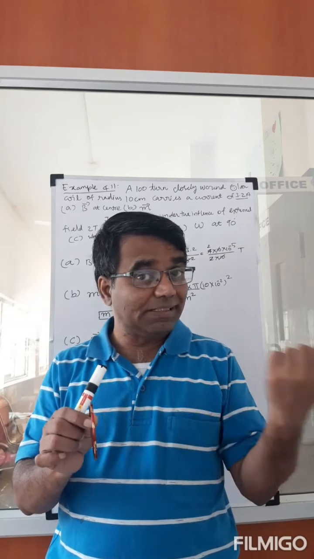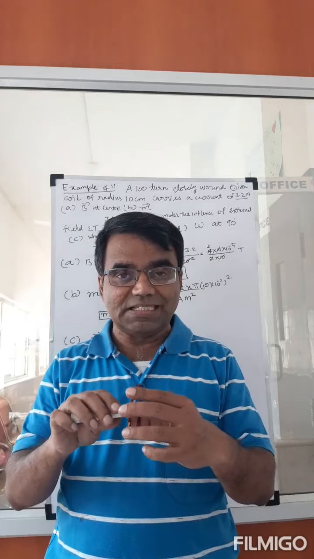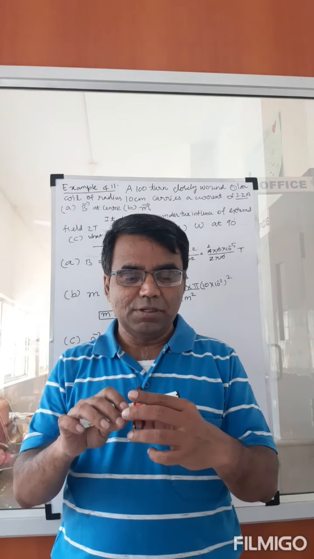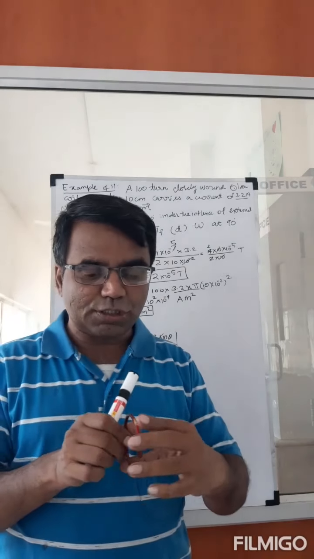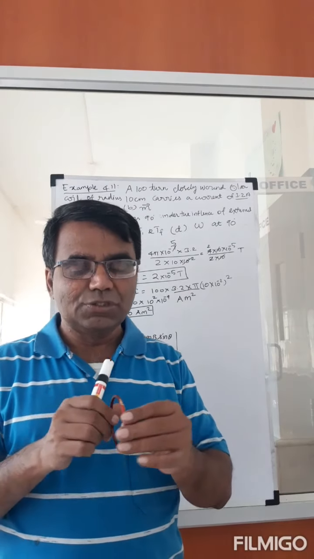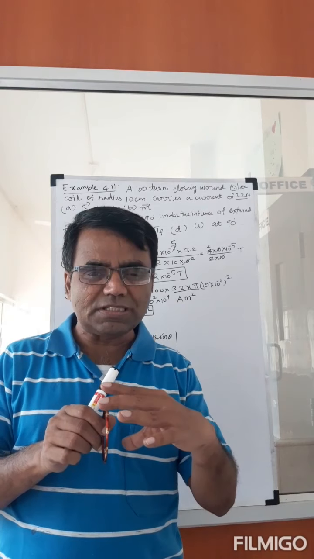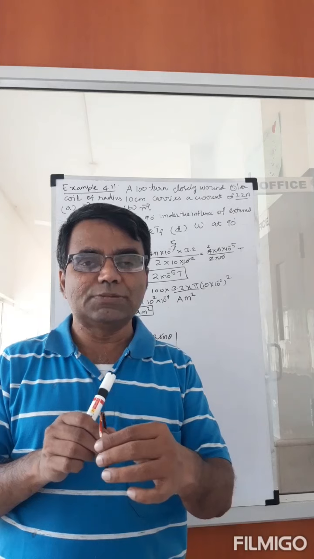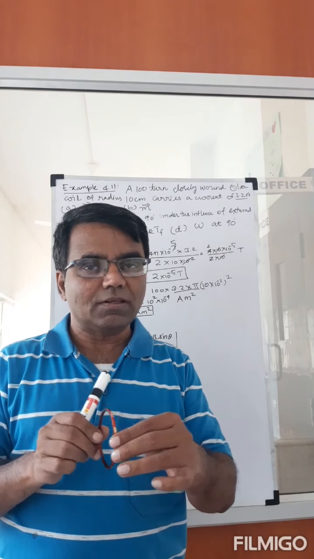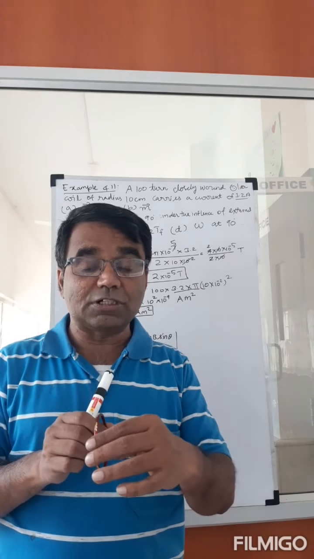The current is the same, B is the same, and M is the same, but because of this angle the torque will be changing. Initially it was 0, so if there is a slight disturbance, that will set everything in motion and this will start rotating.